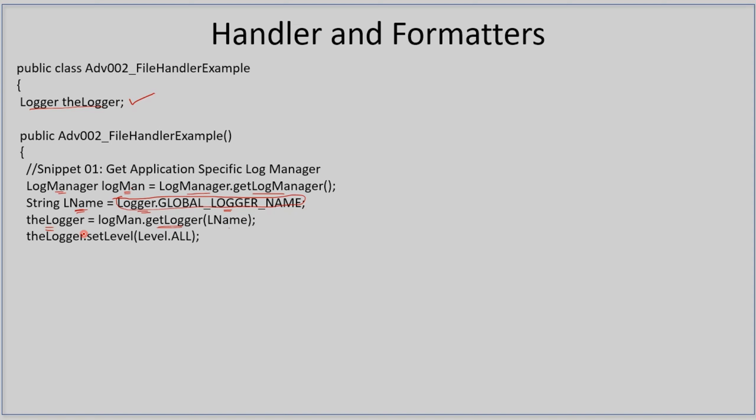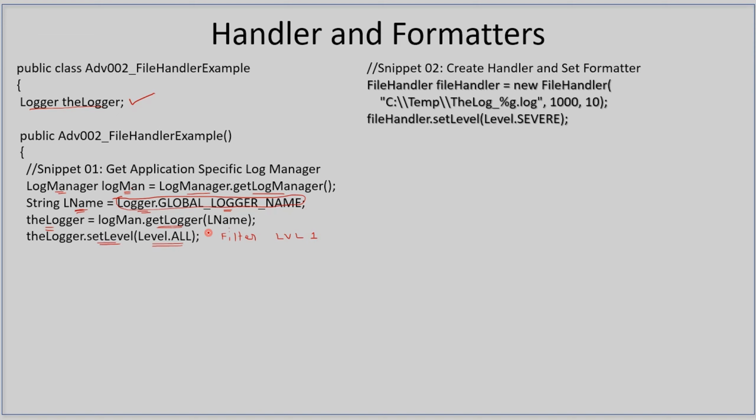Then from this logger object we are setting our first level filter. This is the level 1 filter we applied, and here we are allowing all the log messages, since level 1 is global. Next, we are creating a file handler. In the previous video we didn't create any handler, but this time we are creating a file handler.